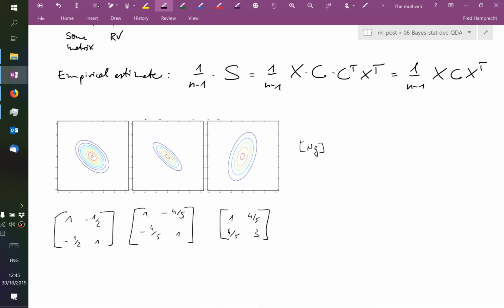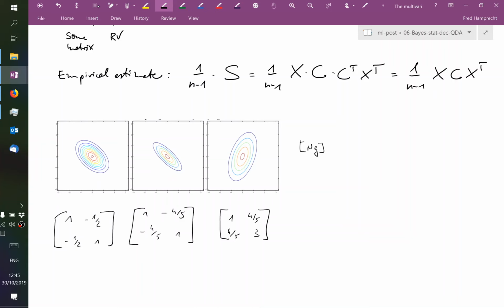Here I have some positive correlation. You see I have a positive number. And now between the two axes, I have a positive correlation. So if I observe a large value on this axis, then I'm also more likely to observe a large value on that axis. And for negative correlation, well, it's the other way around.